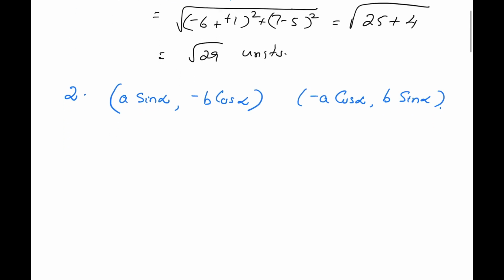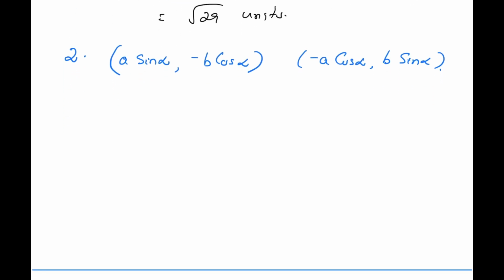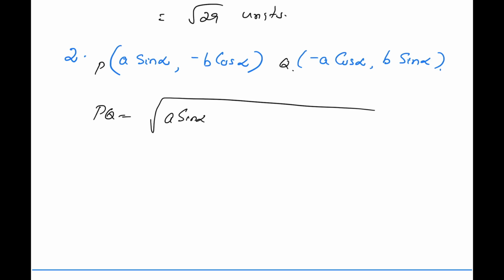The next question is A sin alpha, minus B cos alpha and minus A cos alpha, B sin alpha. Let the points be P and Q. So the distance PQ is equal to root of A sin alpha minus A cos alpha the whole squared plus B sin alpha minus B cos alpha.